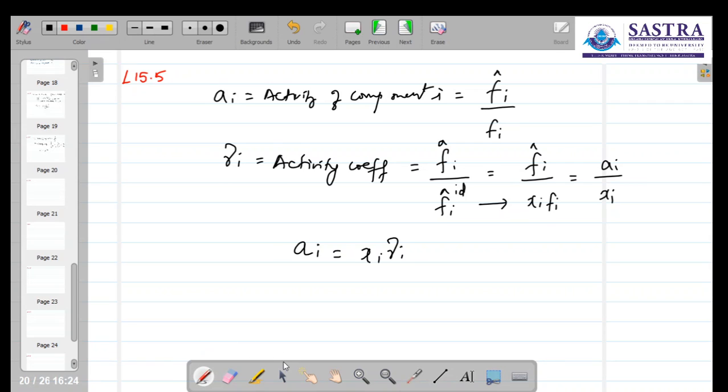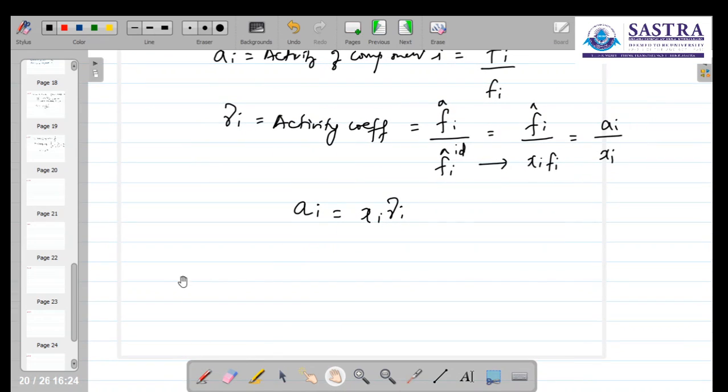So if you use that, now in the expression for equilibrium constant, K_a becomes, if I write f_i cap divided by f_i naught. This is just to denote the temperature scale at which the pure component fugacity is defined.